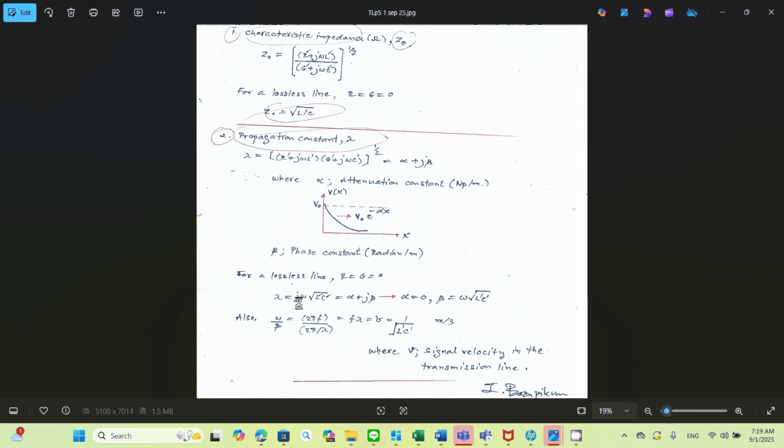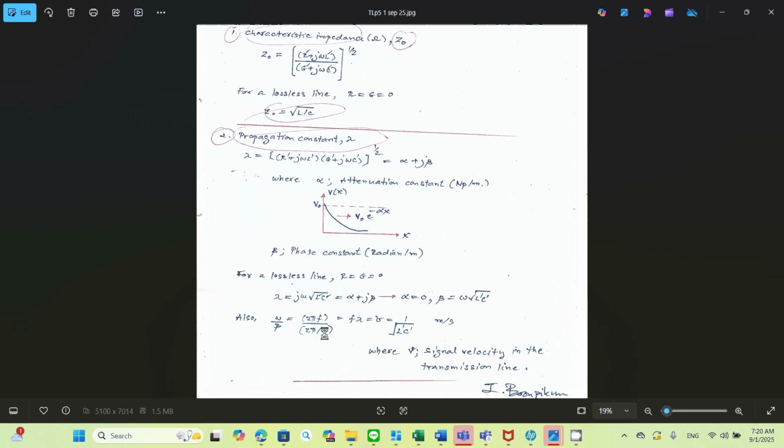For a lossless line, your gamma equals alpha plus j beta, but you only have an imaginary term, so your beta equals omega times the square root of L prime C prime. So your omega over beta equals 1 over the square root of L prime C prime. Omega is 2 pi f, and beta is simply 2 pi over lambda, where lambda is the wavelength, if you're talking about light.